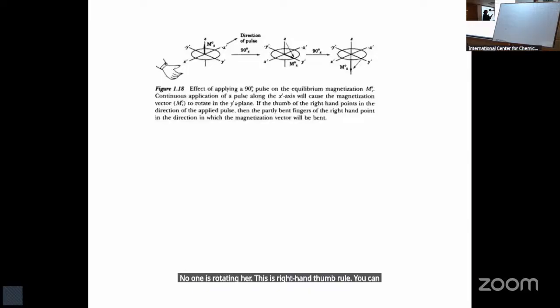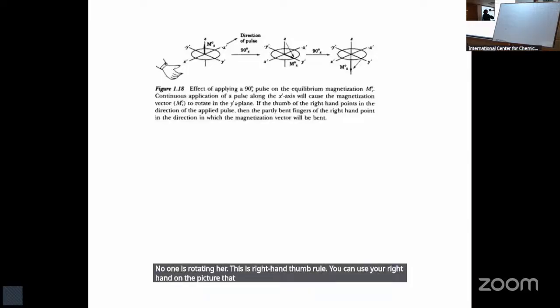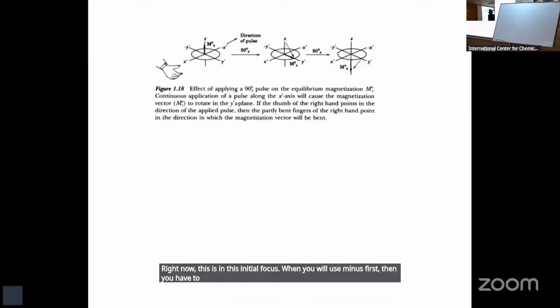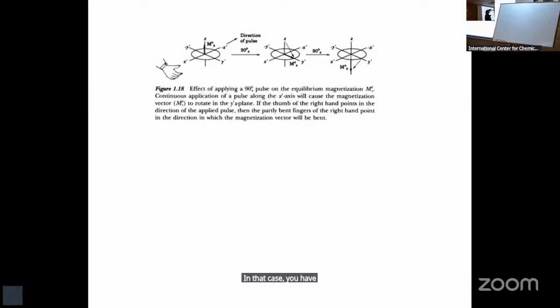You can use your right hand on the picture that you have drawn. Right now, this is in this direction, clockwise. When you use a minus pulse, you have to use anti-clockwise, and that you cannot do with your hand. In that case, you have to just imagine. Okay?